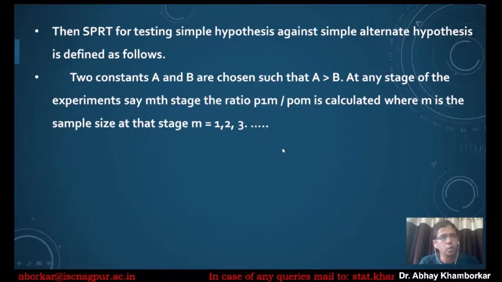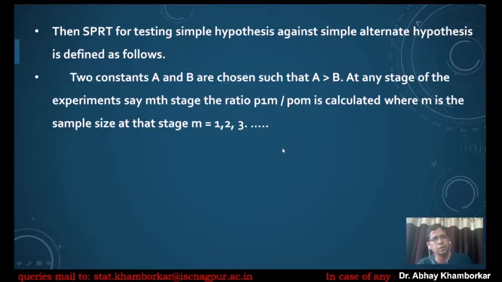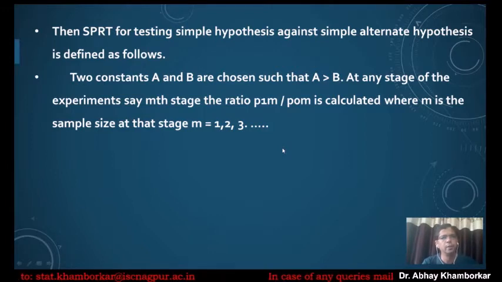For that, 2 constants A and B are chosen such that A is greater than B. At any stage of the experiment, for example the mth stage, the ratio p1m upon p0m is calculated, where m is the sample size at that stage. Naturally, m will vary as 1, 2, 3 and so on.